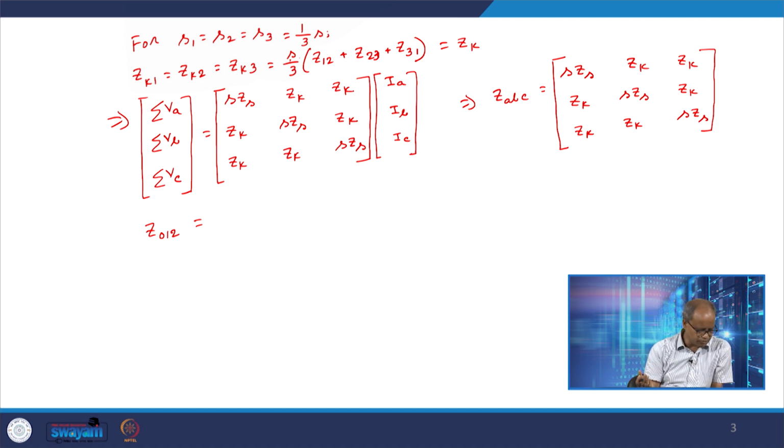If I apply that formula and calculate Z012, it will turn out to be the matrix with entries Zs plus 2Zk, 0, 0, 0, Zs minus Zk, 0, 0, 0, Zs minus Zk.